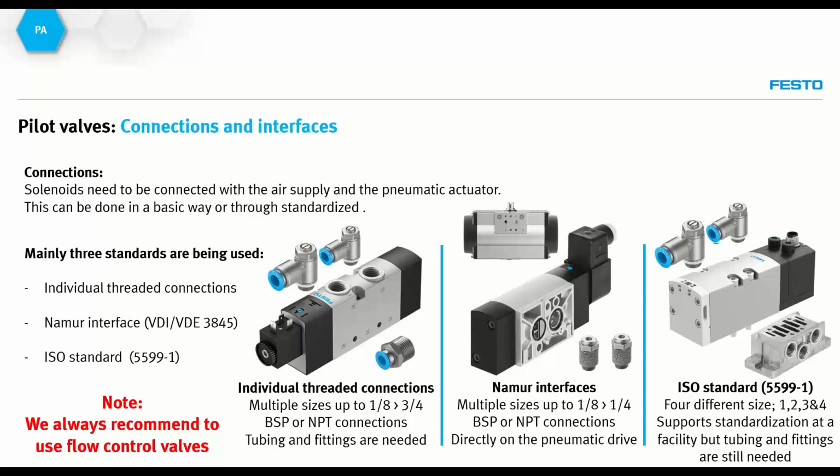Not being used, that means that the maximum speed, which is possible by the design, will be generated. And in certain cases, it can cause damages because equipment is switching too fast, or in the process industry, this results in water hammer. So to avoid these cases, we use flow control valves to precisely control the opening and closing speed of the pneumatic actuator.